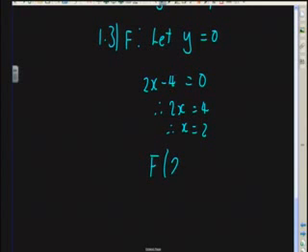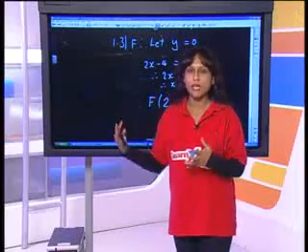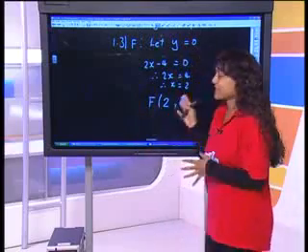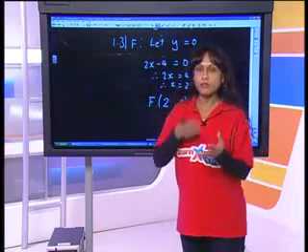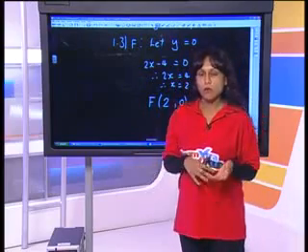So you'll say (2, 0). It shows that you understand the question. You understand that if we're asking you for coordinates, we want a point, an ordered pair. So yes, you can leave it as x is 2, but they've asked you for the coordinates of F, so write it down as an ordered pair, the x value and the y value.